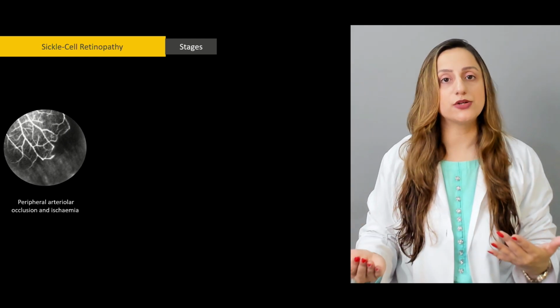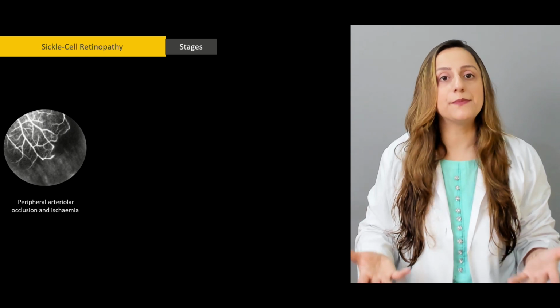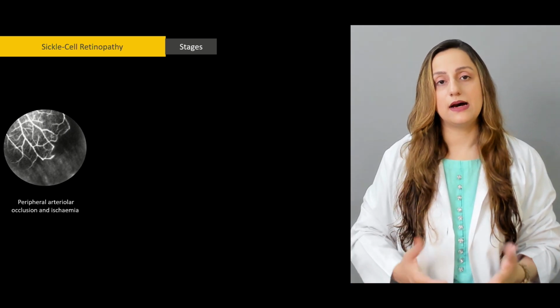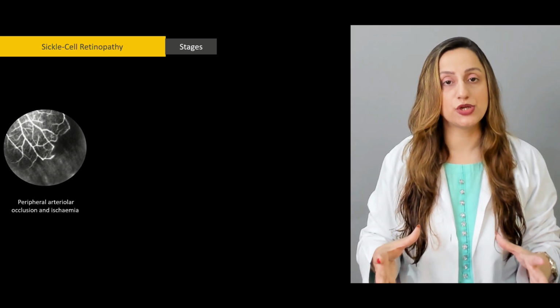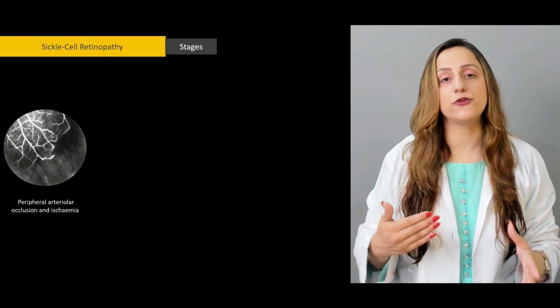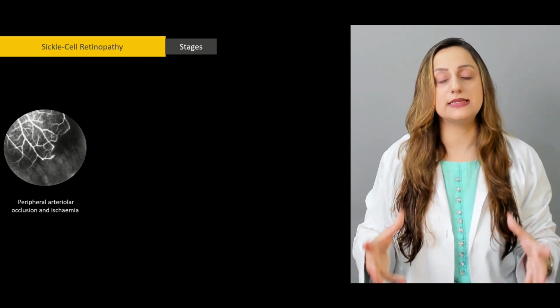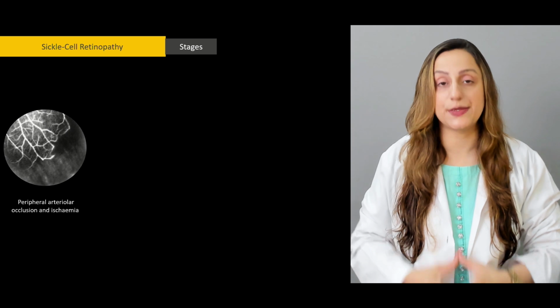The arteries are occluded due to the clumping phenomena of the sickled cells, and after this clump formation, it's going to hinder the blood flow to particular areas of the retina, and these areas are going to be found ischemic.